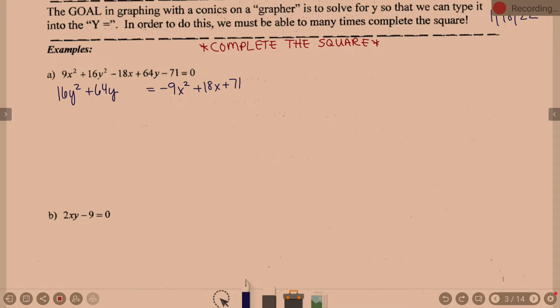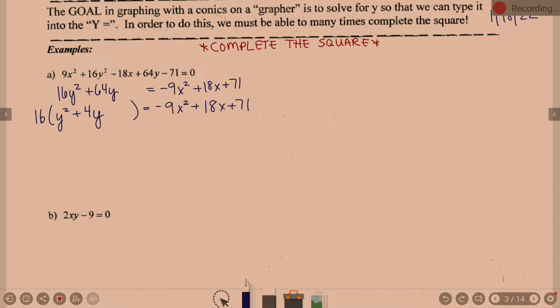So I'm going to take the factoring method. I'm going to factor 16 out. So if I factor 16 out of the left, I'm then going to have y squared plus 4y. I'm going to leave a gap before I end my parentheses. And then on the right, negative 9x squared plus 18x plus 71.